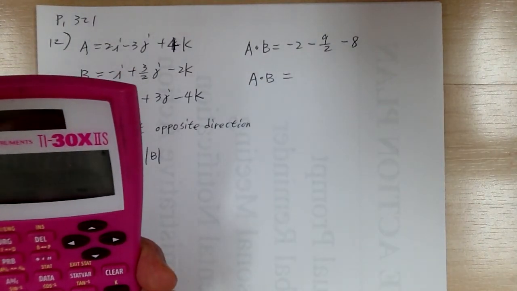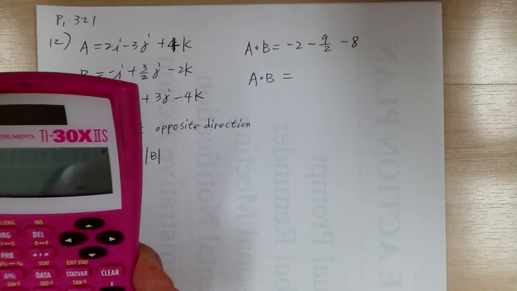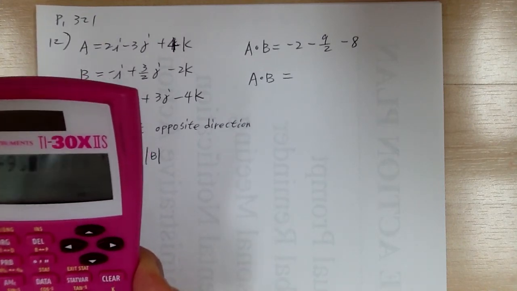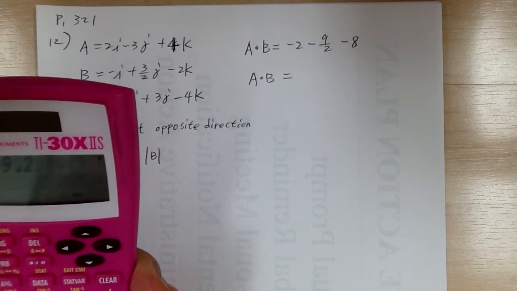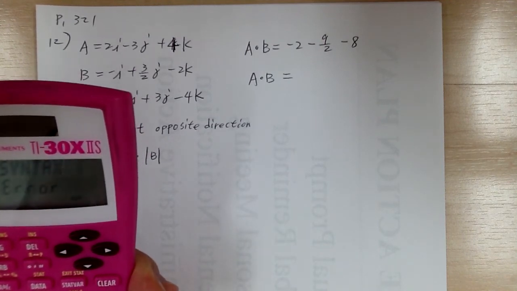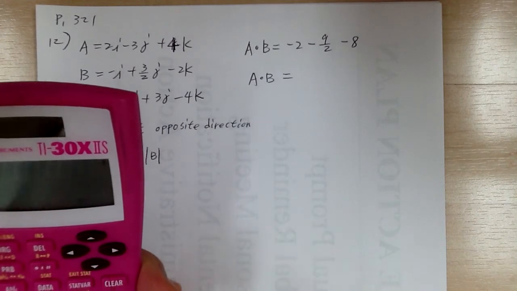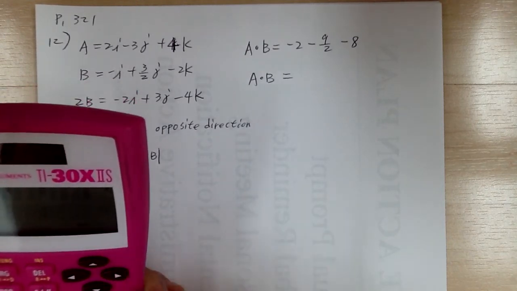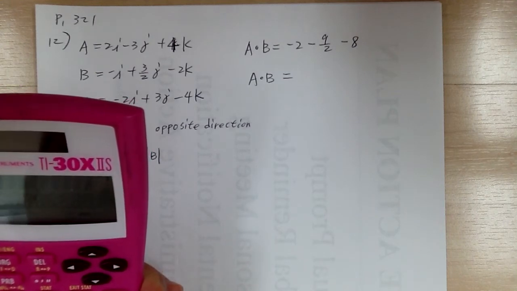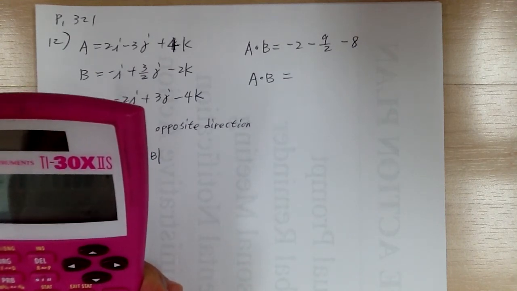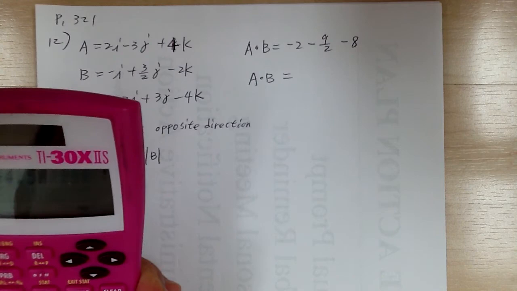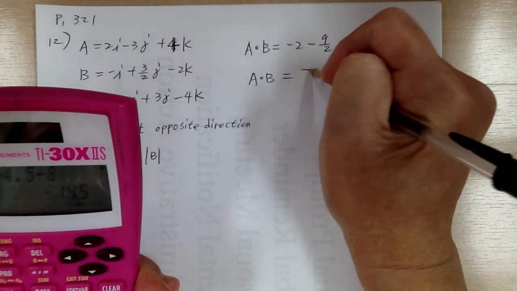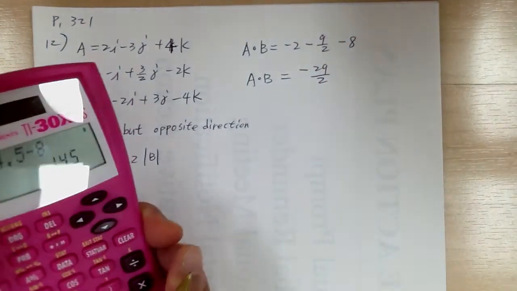Okay, so 2 negative minus 9 over 2 minus 8 equal 2 negative minus, so this will give you negative 29 over 2.